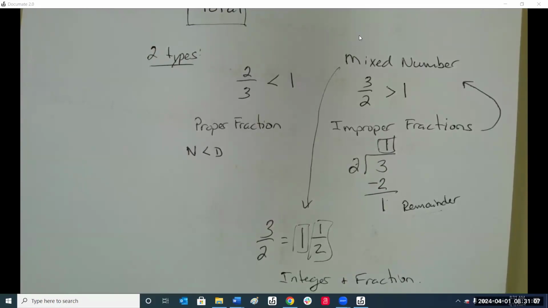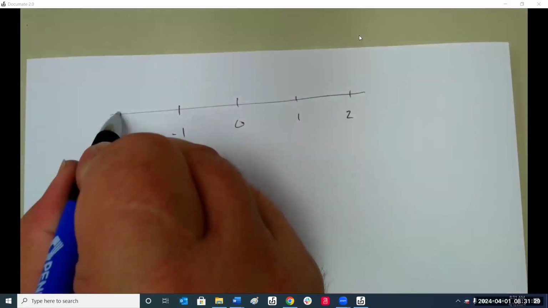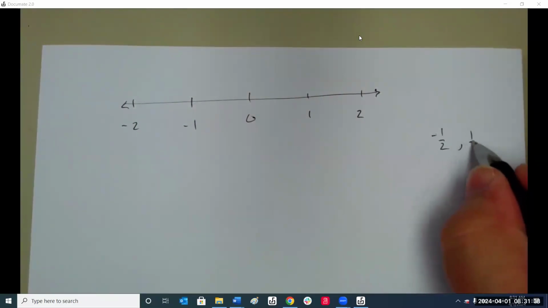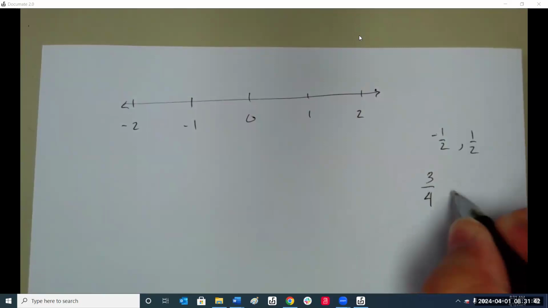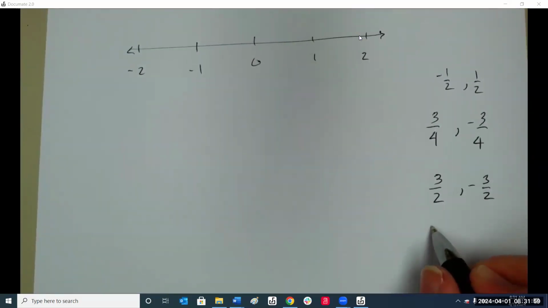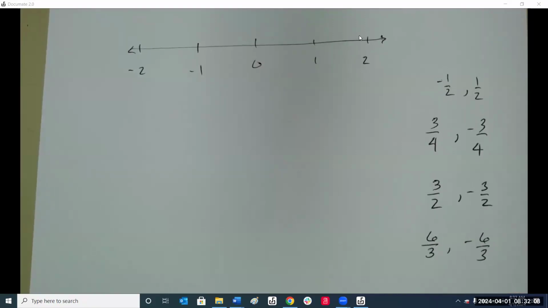Look for the examples that we had here. Ooh, on a number line. If we had a number line, I give you numbers.